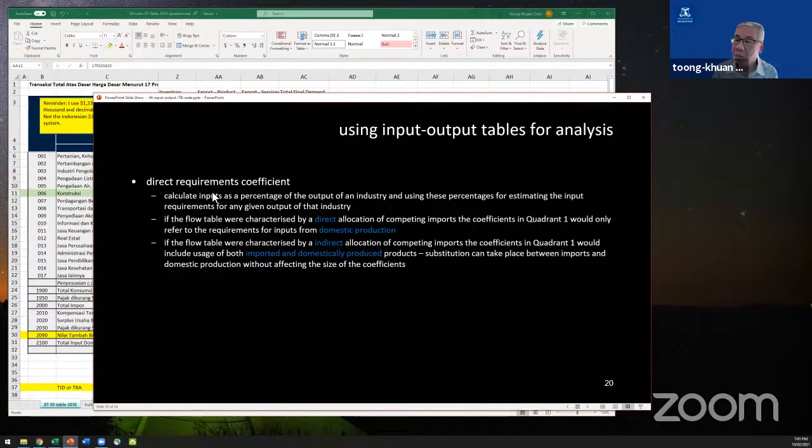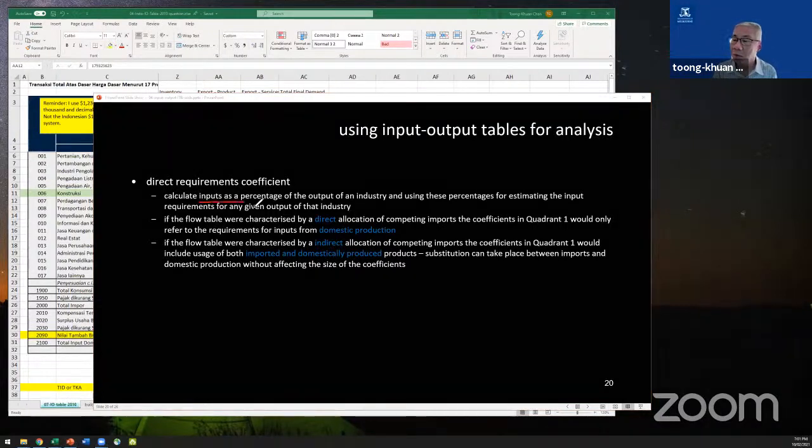So you calculate input as a percentage of output. So this is what we're trying to do here, to calculate input as a percentage of output and use these percentages for estimating the input requirements for any given output of that industry. So let's try doing that.